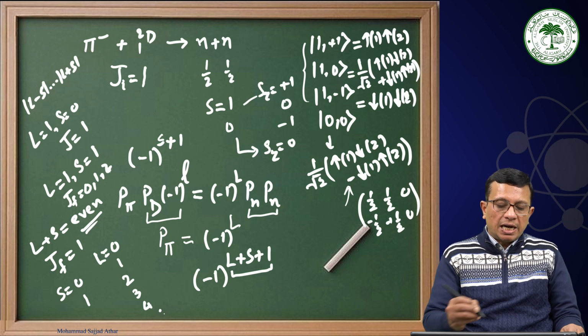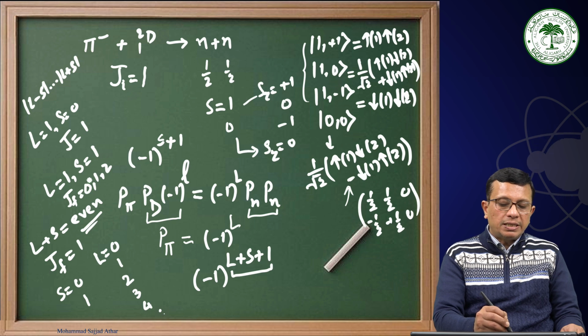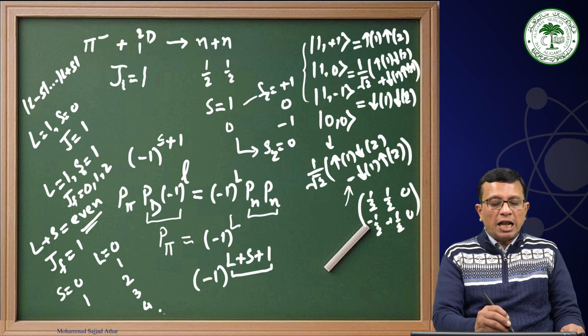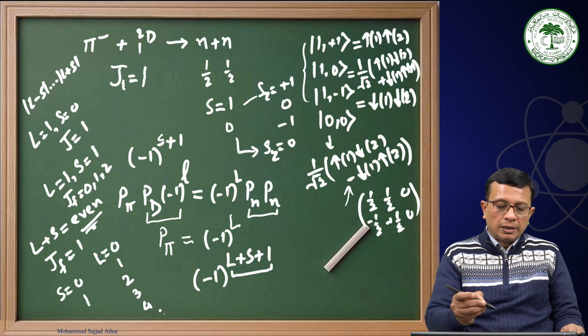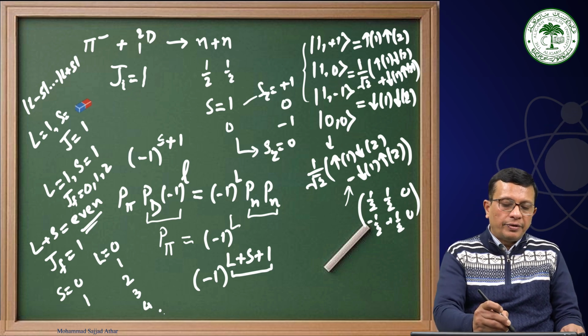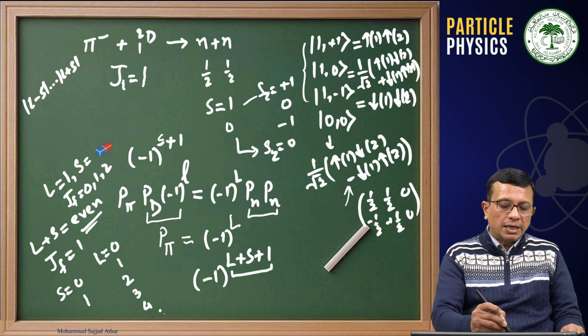Therefore, we see that we have Ji equal to 1, and we are getting Jf equal to 1 with L plus S as even. That was the requirement. Therefore, it's fine. This is one of the choices: L equal to 1, S equal to 1, resulting in Jf equal to 1 and L plus S as even.